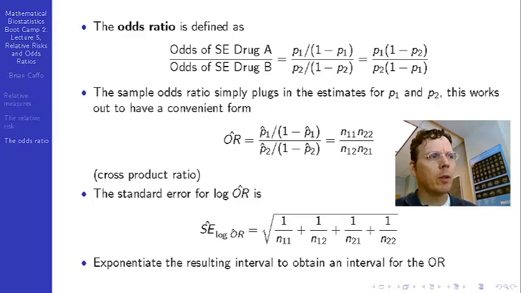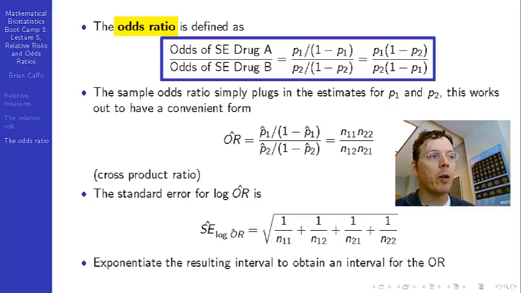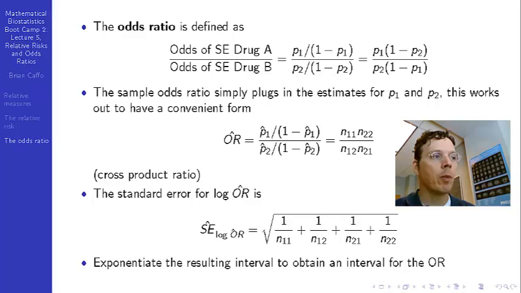So the population odds ratio would just be P1 over 1 minus P1 divided by P2 over 1 minus P2. So the odds associated with probability 1 divided by the odds associated with probability 2. So this would be the ratio of the odds of contracting side effects comparing drug A to drug B. And of course, just like the relative risk, you'll be comparing the odds ratio to 1.